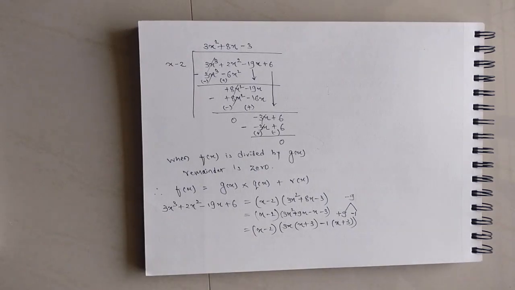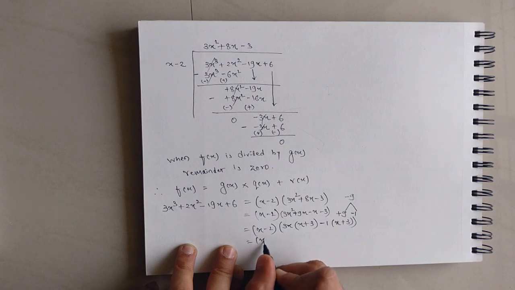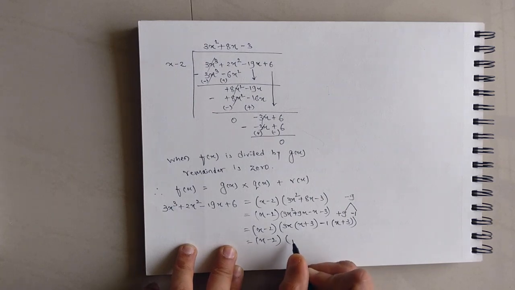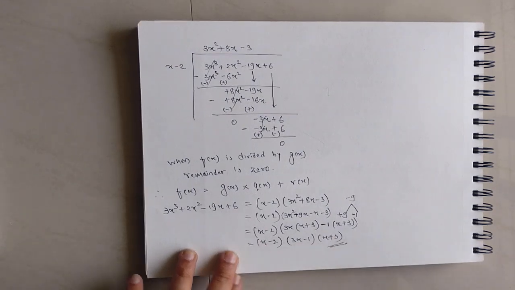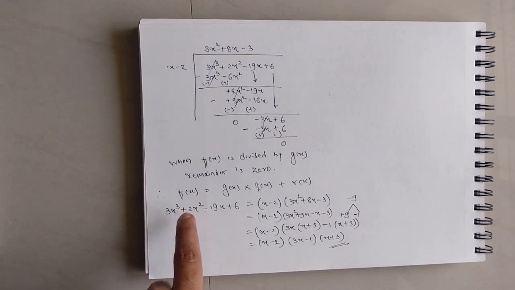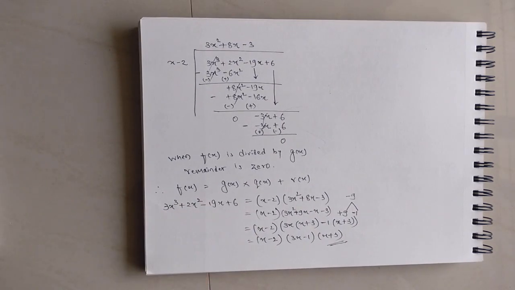I hope you know what is splitting the middle term, right? Okay, so x minus 2, 3x minus 1 and x plus 3. These are the 3 factors of your cubic polynomial f of x.